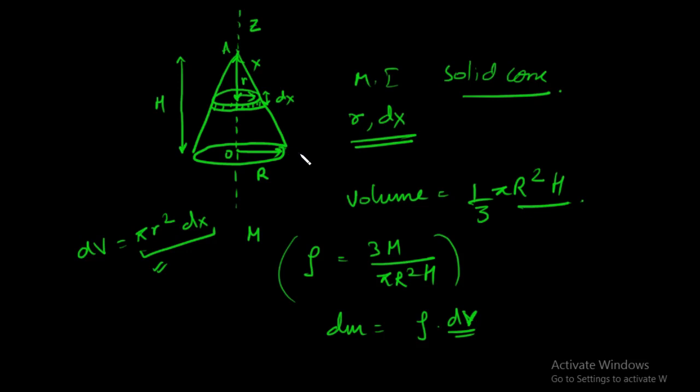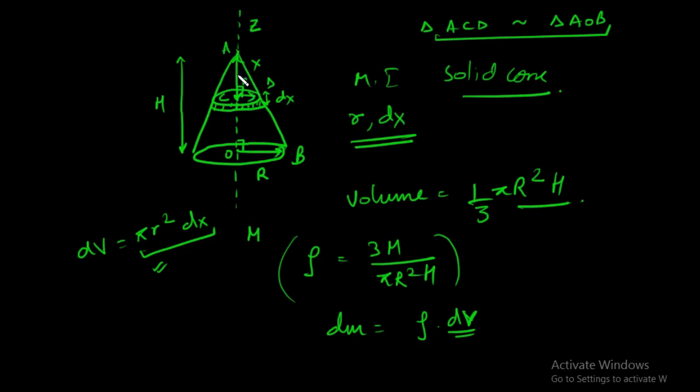Now let us consider this point as B, and this as C and D. You see, triangle ACD is similar to triangle AOB, since these are parallel lines and this angle 90 and this angle 90 are the same.